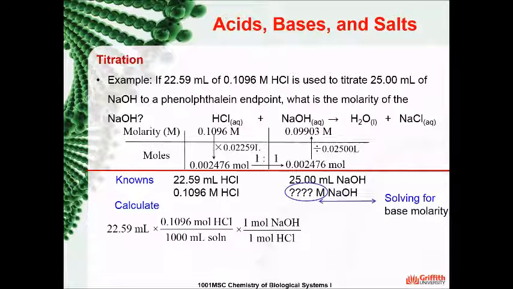So 1 mole of base, what we want, over 1 mole of acid, what we have. We then cancel the similar units. The answer is 0.002476 moles of sodium hydroxide.